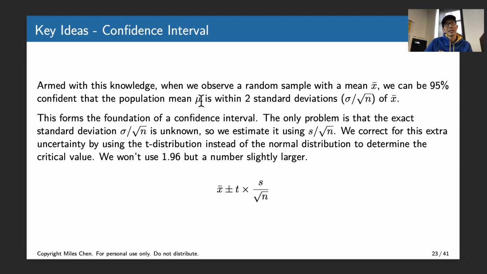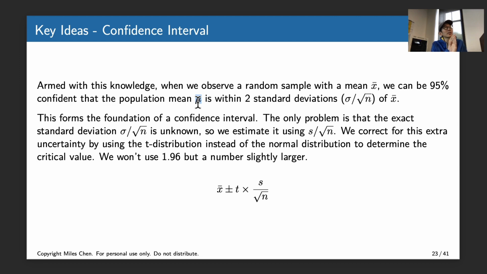And so when we're talking about the population mean mu, this is unknown to us. Is this value mu inside the bounds of my confidence interval? We don't know if it is or if it isn't, okay? But this value mu is some exact value. If we could freeze time, we could measure every single person in the population, and there would be one exact value for what mu is.